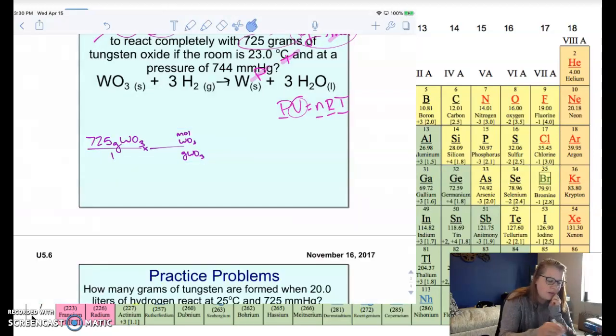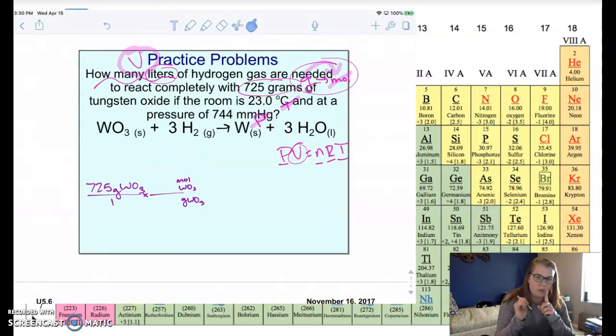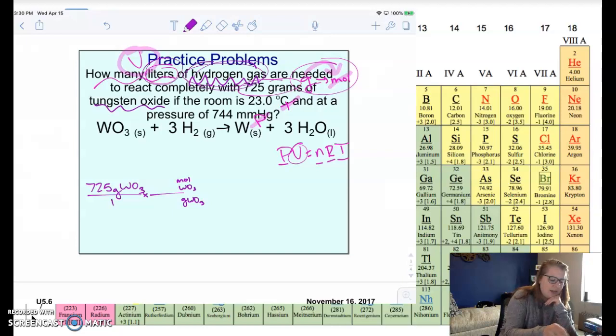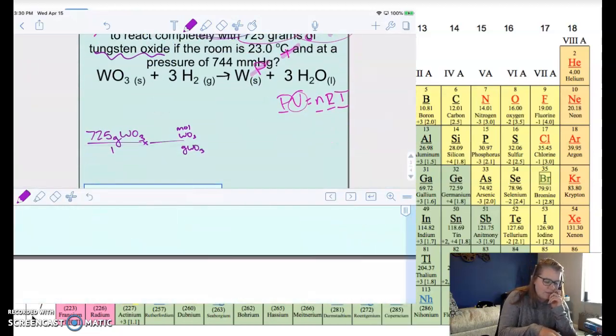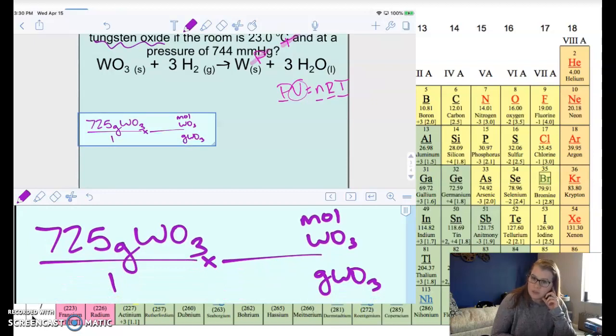And here's where we're going to read this through one more time. How many liters of hydrogen gas are needed to react completely with 725 grams of tungsten oxide? So I want liters of hydrogen. Well, if I stopped right here, I would have moles of tungsten oxide.